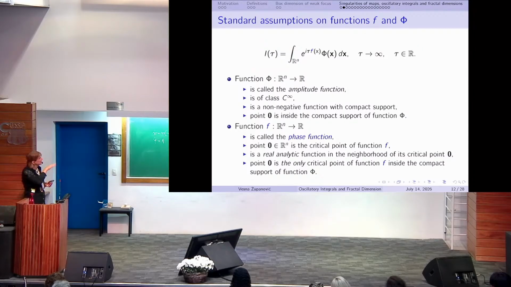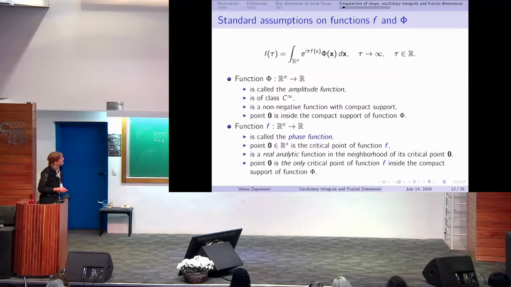We have just these cases, which are some kind of direct generalization of the clothoid case. The amplitude function is class C infinity, a non-negative function with compact support. Point 0 is inside the compact support of the function. The phase function is analytic, and 0 is a critical point or singularity of the phase function. It's the only critical point inside the compact support.